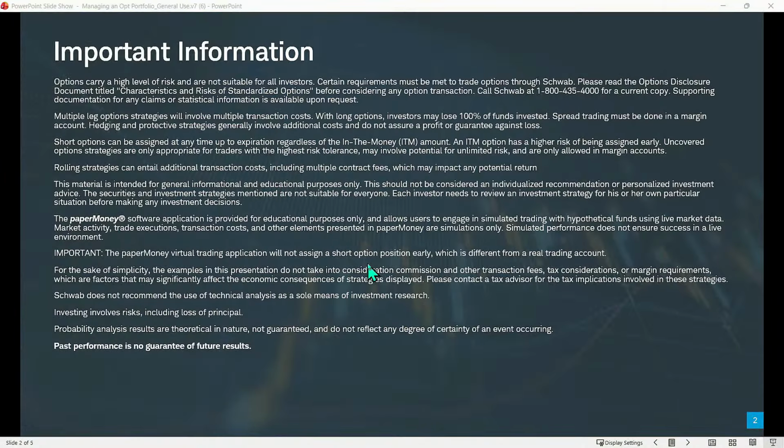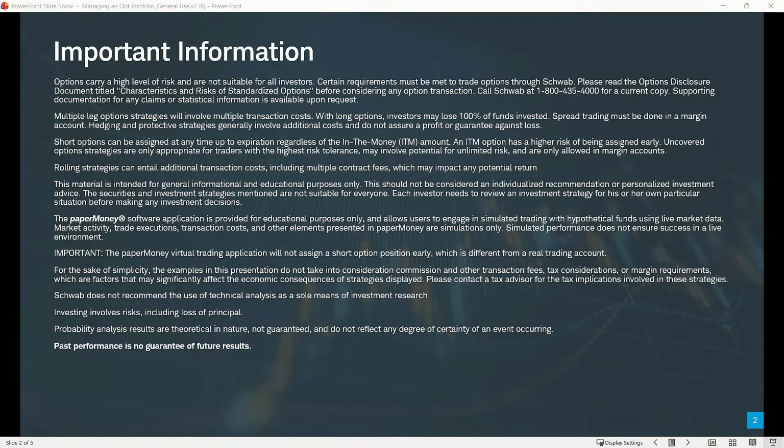Before we get too far into this, let me just mention a few important things. Options carry a high level of risk and are not suitable for all investors. Multiple leg option strategies will involve multiple transaction costs. Short options can be assigned at any time up to expiration, regardless of the in-the-money amount. The material today is intended for general informational purposes only.